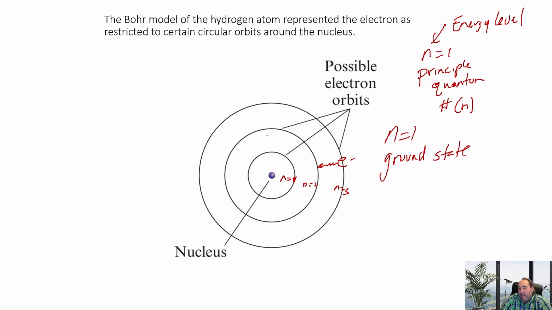As we'll talk about in just a second, it is the closest to the nucleus. Anything above that, like n equals 2 through 7, is sometimes referred to as an excited state. They are higher in energy and further away from the nucleus.